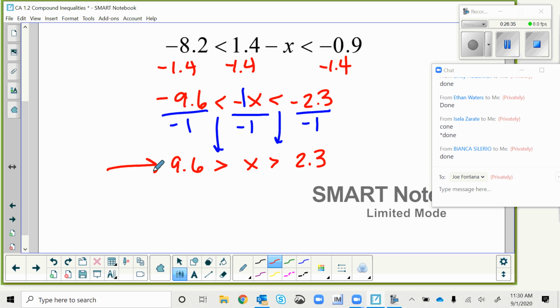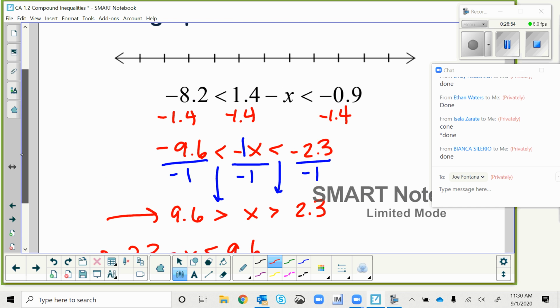What's really going on here, if you flip this entire thing but preserve the symbols, 2.3 needs to go on the left on your number line, right? So this is still, if you look at the x, it's still bigger than 2.3 in both directions. So your brain has to make that connection before you go to graph.